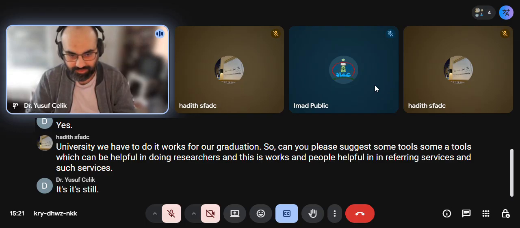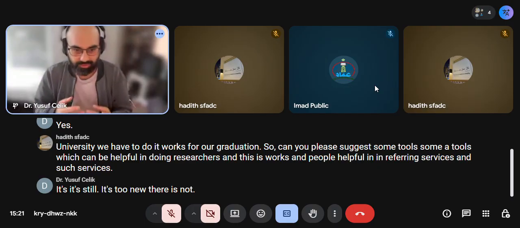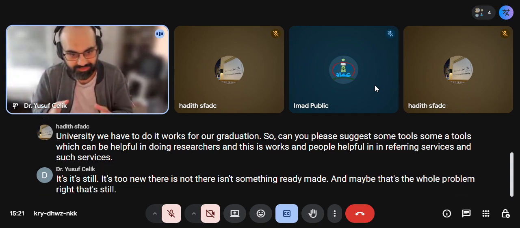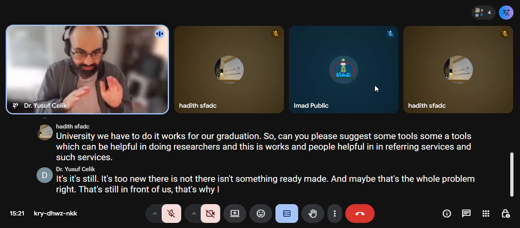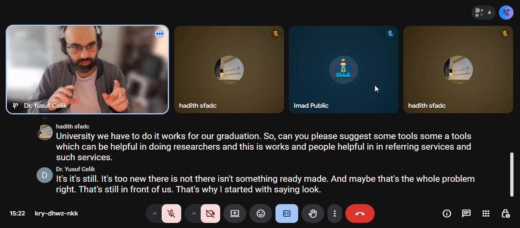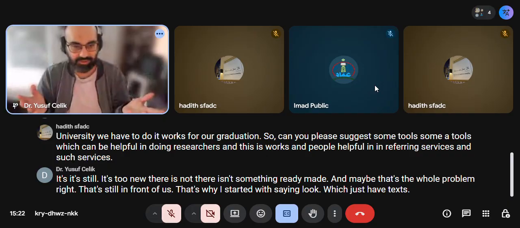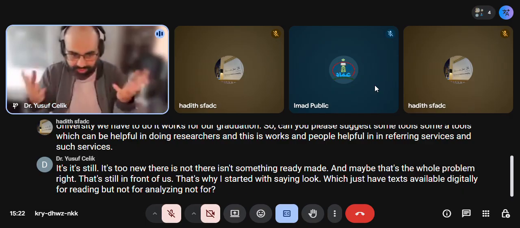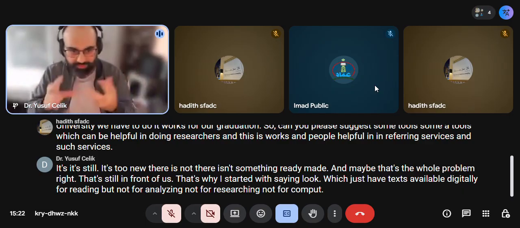It's still too new. There isn't something ready made, and maybe that's the whole problem, right? That's still in front of us. That's why I started with saying, look, we just have text available digitally for reading, but not for analyzing, not for researching, not for computing, none of that.